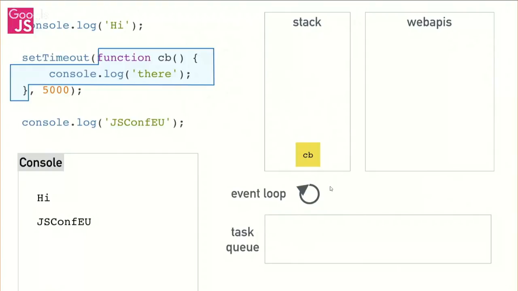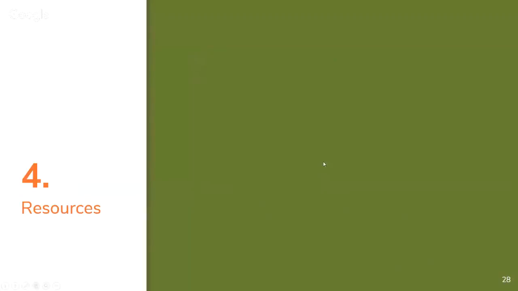So that's essentially what the event loop does. The event loop checks if the call stack is empty and if there's anything on the task queue, and if both of these conditions are true, it places whatever is on the task queue onto the call stack. And so that's all there is to it.